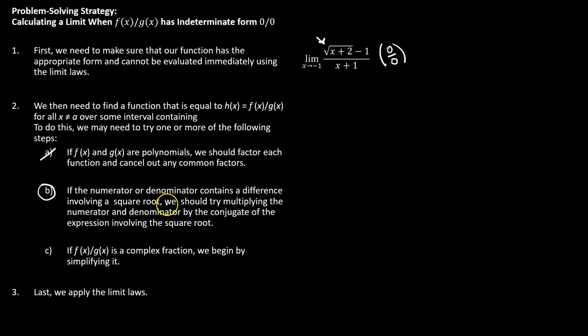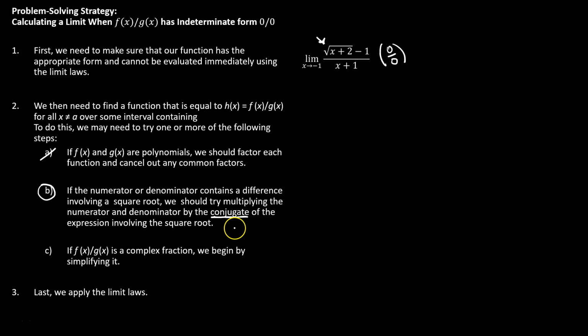The tip is we should try multiplying the numerator and denominator by the conjugate of the expression involving the square root. All right, maybe we have forgotten what a conjugate is. A conjugate is when you keep the exact same terms, but you change the operation. If it was addition, change it to subtraction.